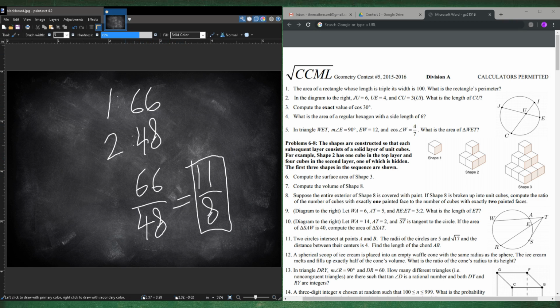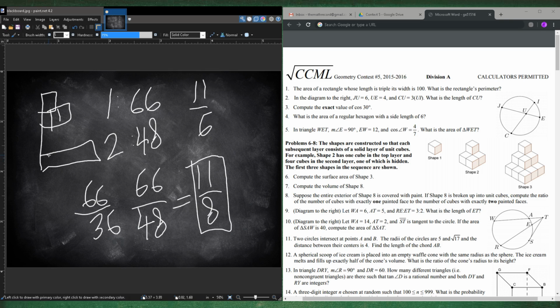For this contest, they said the real answer was 11 over 6, which they said there was 66 painted on the top, and they said there's 36 painted on the bottom. But what they really didn't account for is that when we drew our thing on the side, remember that? There was a bottom row, and then there was 1, 2, 3, 4, 5, 6, 7, 8.